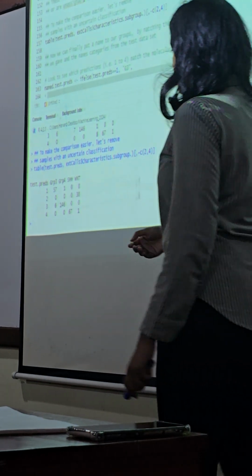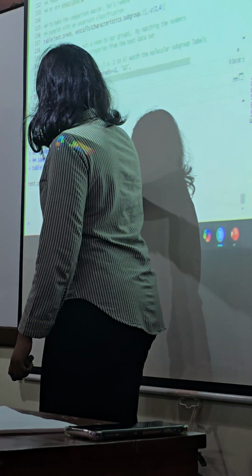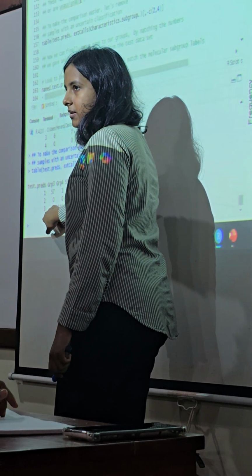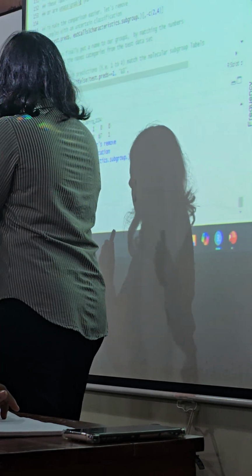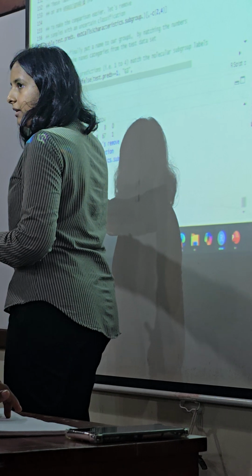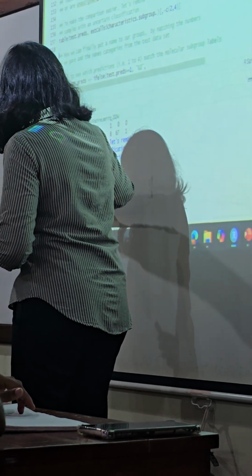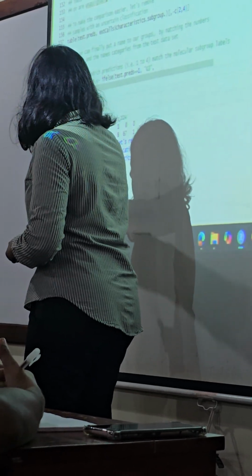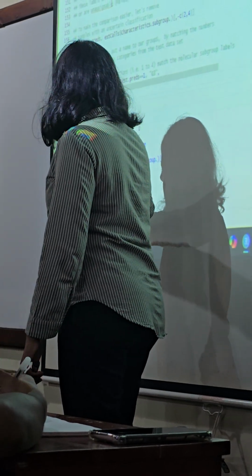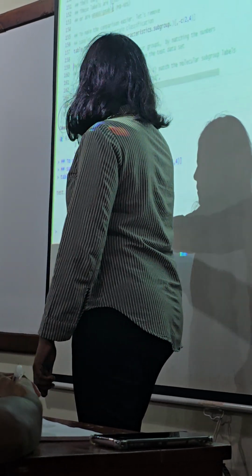So based on the actual labels and the confusion matrix, we can give the predicted labels names as well, right? So 1 becomes group 3, group 4 becomes group 2, 3 becomes SHH, and 4 becomes WNT.